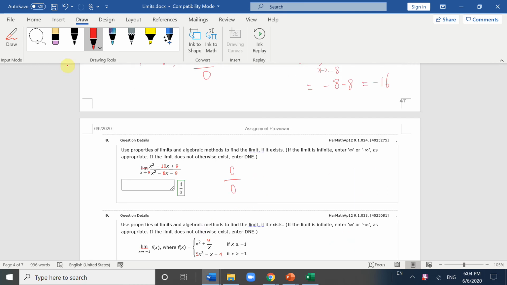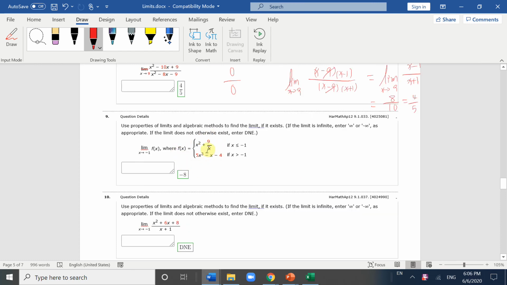Okay, number 8 is 0 over 0 form. So the numerator and the denominator have the same term, so cancel out. Although there is still x in the denominator, when x approaches 9, 9 plus 1 is not 0, so you can just replace x by 9.